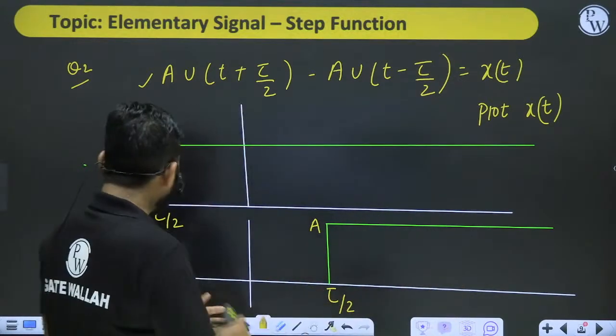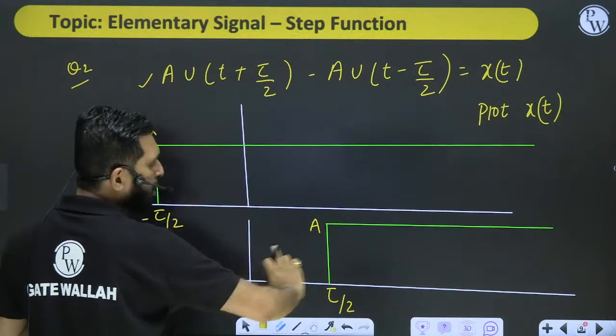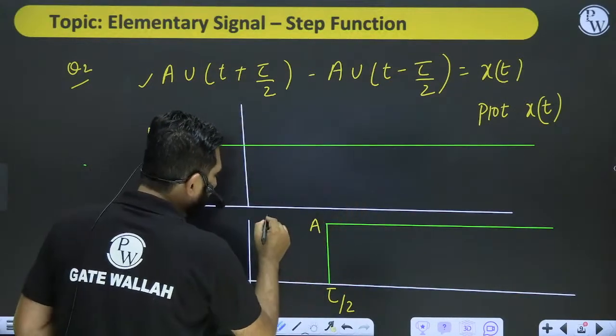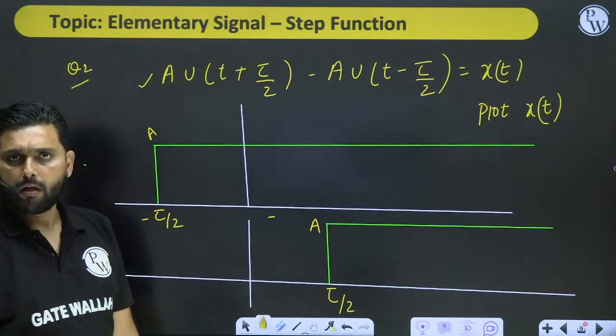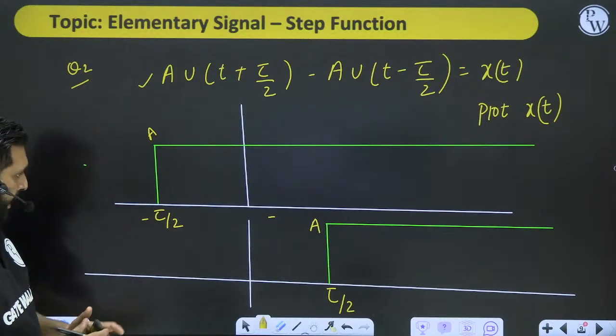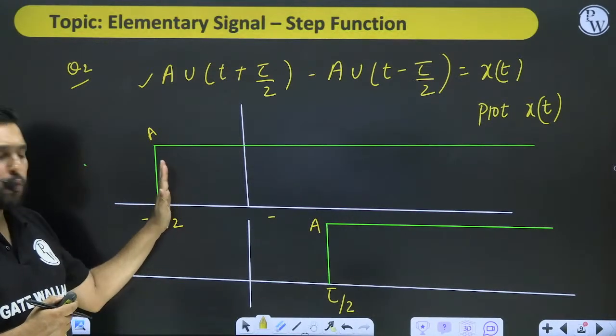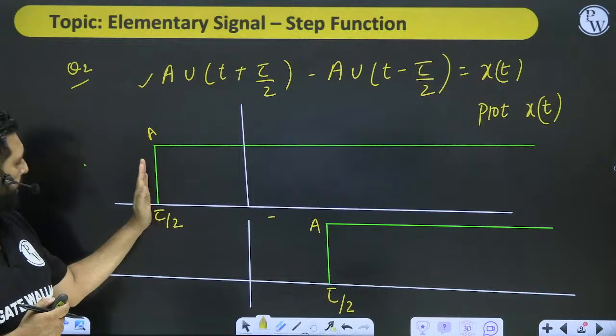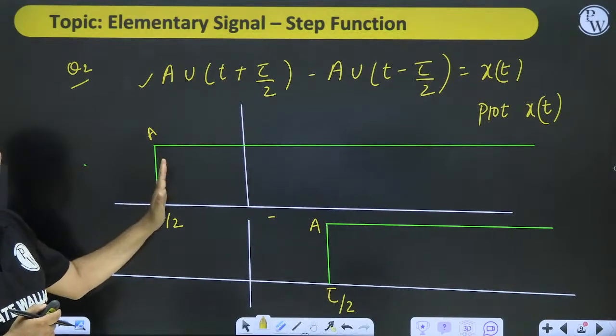We have to subtract this function. Till minus tau by 2, this function is completely 0.